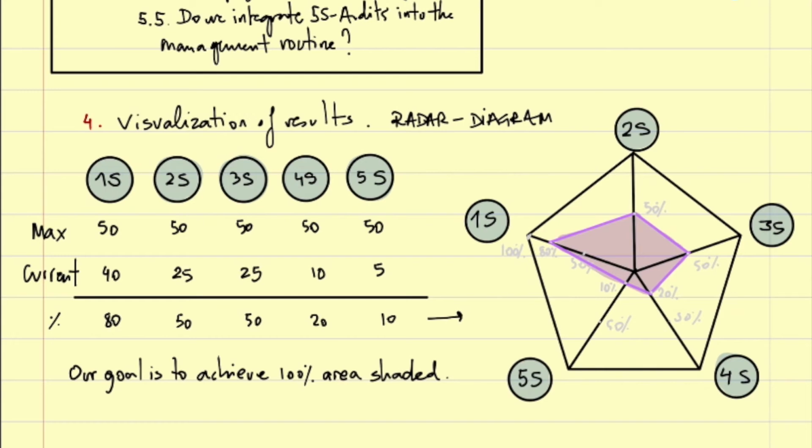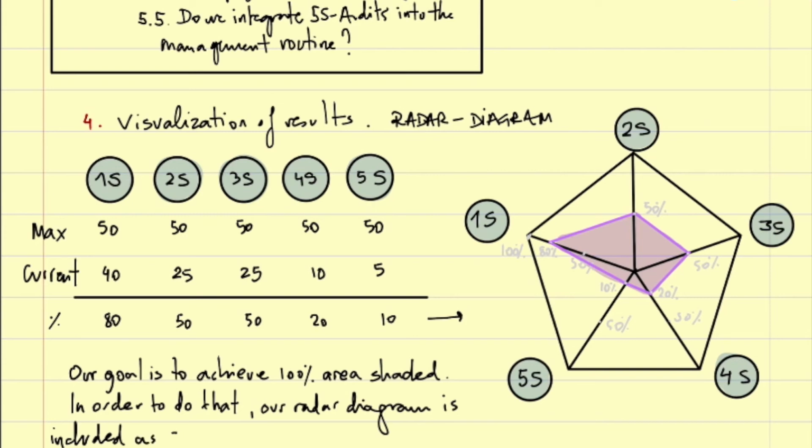And in order to do that, our radar diagram is included as the check part of the cpDNA.